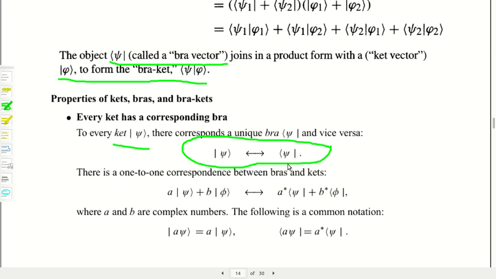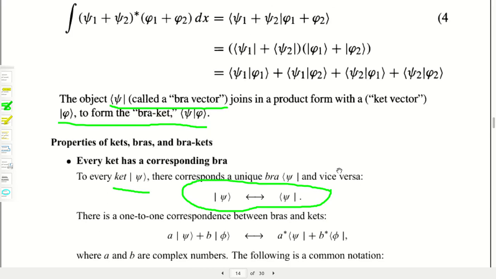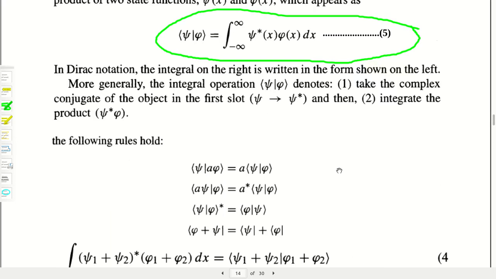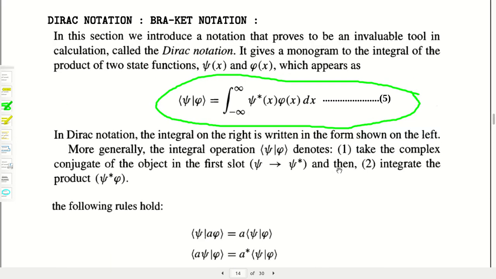So Bra-Ket algebra is there, and these symbols are given by Dirac, and you should follow them. What is written in the Bra should be reflected by a star. What is written in the Ket should not be reflected by any star.